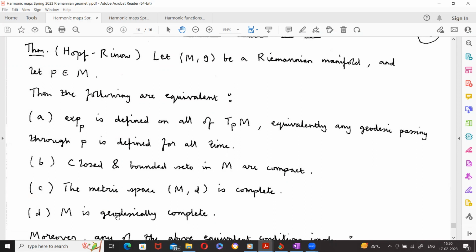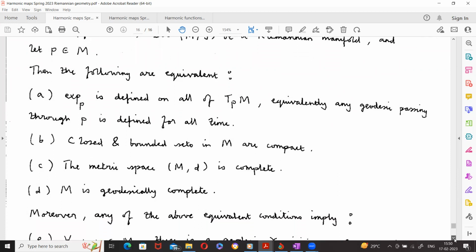And that is equivalent to the manifold M being geodesically complete. In other words, all geodesics are defined for all time. So if you look at the last two equivalences, we see that the Riemannian manifold is complete as a metric space if and only if all geodesics are defined for all time. Okay. So that is the statement I was making.